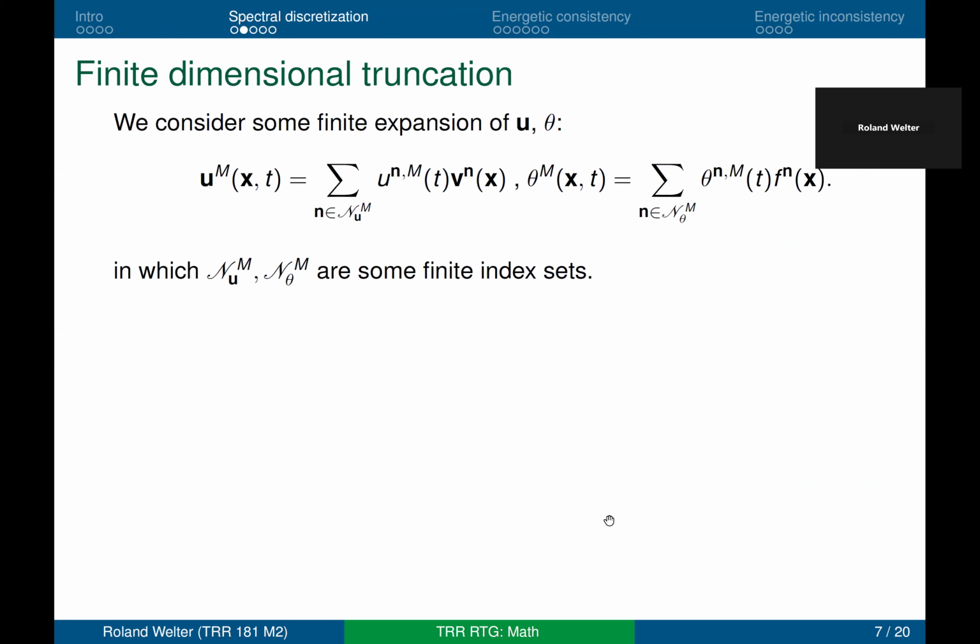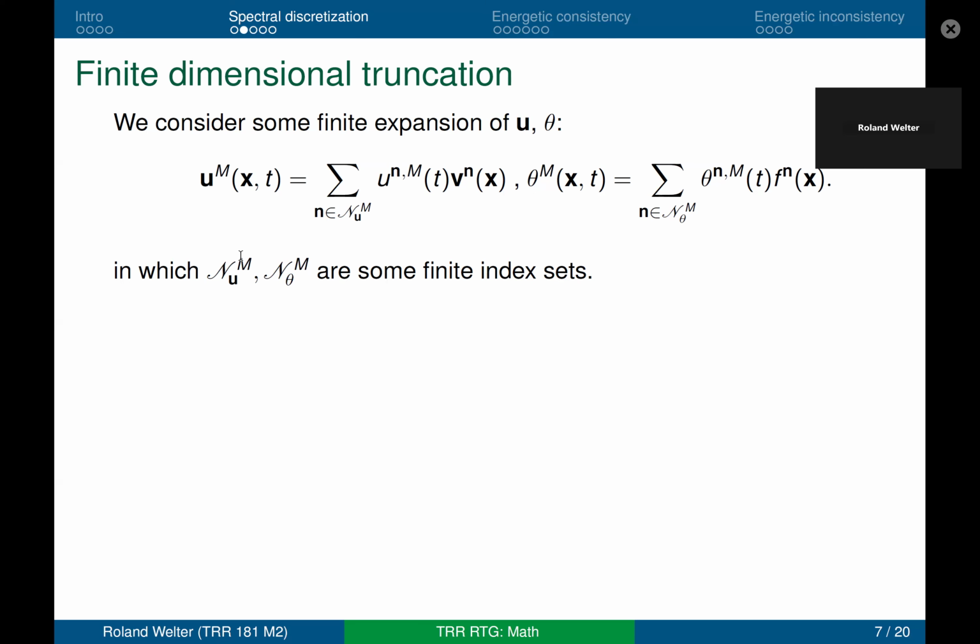Now, from a computational perspective, we can only consider a finite expansion of u and theta. So rather than an infinite series over all possible wave numbers, we consider only a finite sum where the wave numbers that we choose are included in some index sets N_theta, N_u.